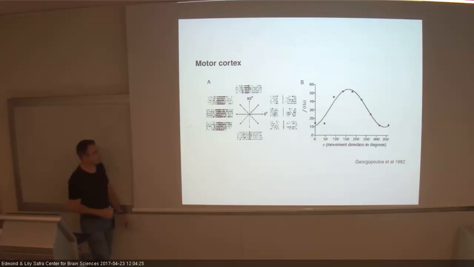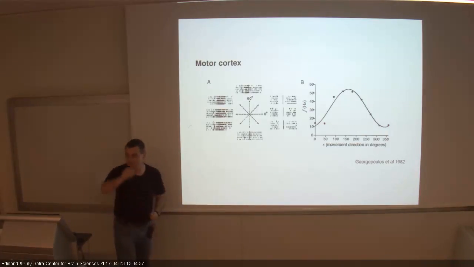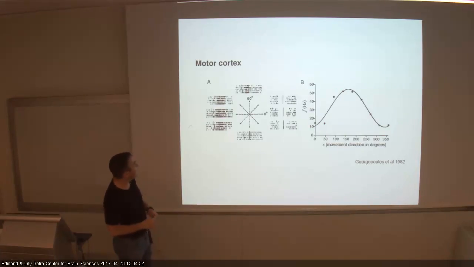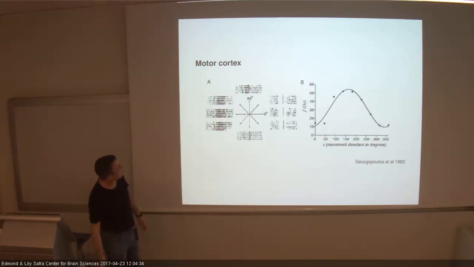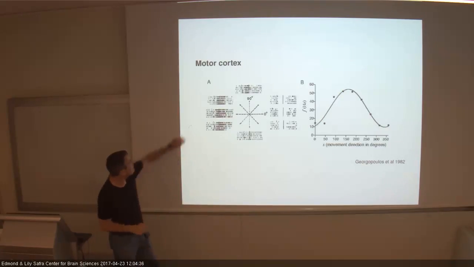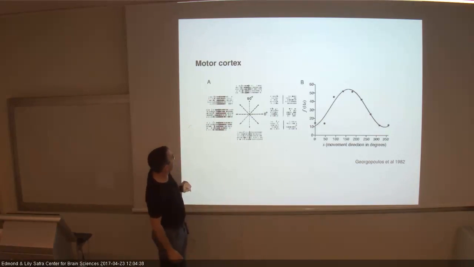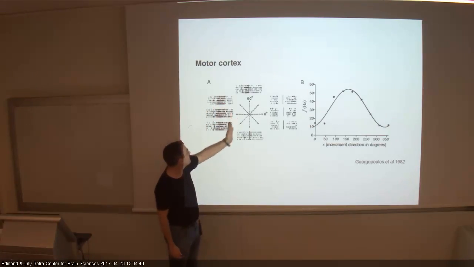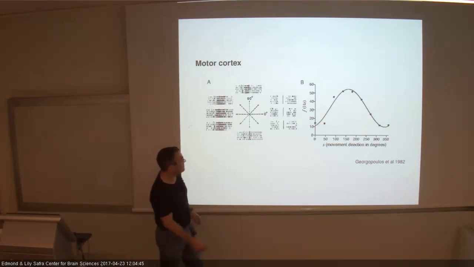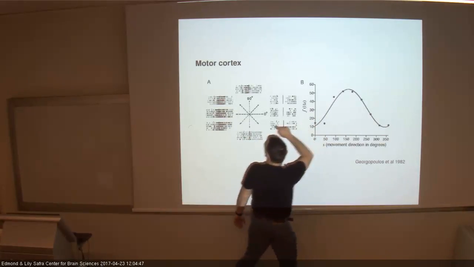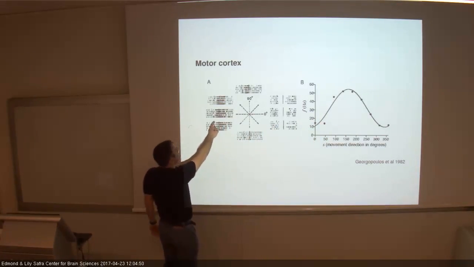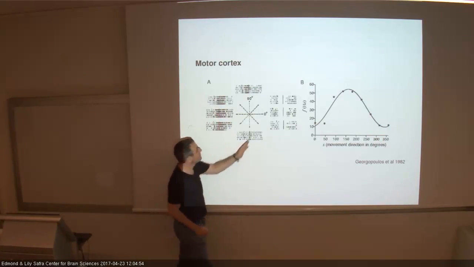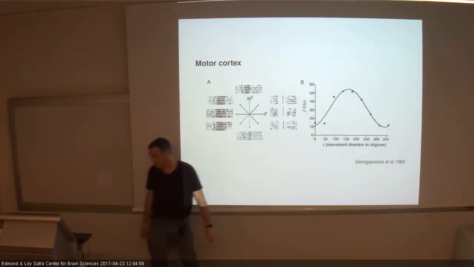This is an example of selectivity to direction of motion in the motor cortex of a monkey. Basically, a monkey is trained to move its hand to one of 8 directions. These are raster plots denoting the timing of spikes when the monkey is making a movement in one of these directions, and you see that for some directions this neuron fires at a high rate, and for other directions the neuron fires at a low rate.